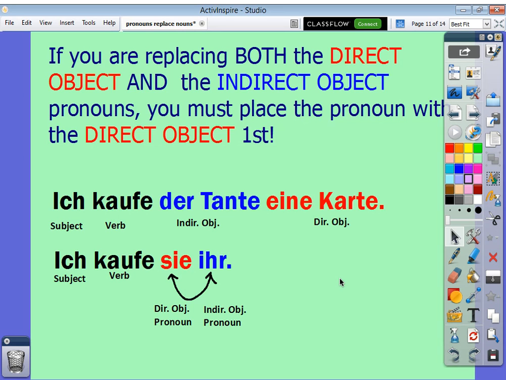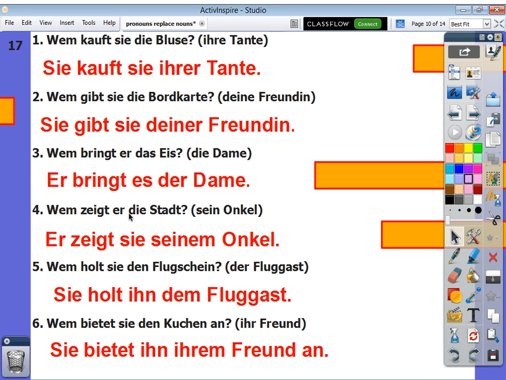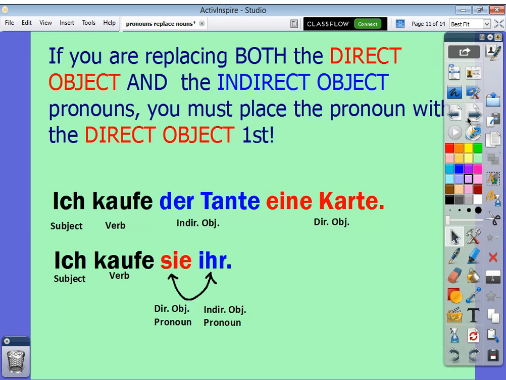Now, here is the trickiest thing of all. If you are replacing both the direct object and the indirect object, and you want to replace them both with a pronoun, you have to place the pronoun with the direct object first, just like we saw in this exercise. This is the order we will keep if we were using both pronouns, okay, which would make your sentence pretty confusing, but this is a very important thing that will be on our test.